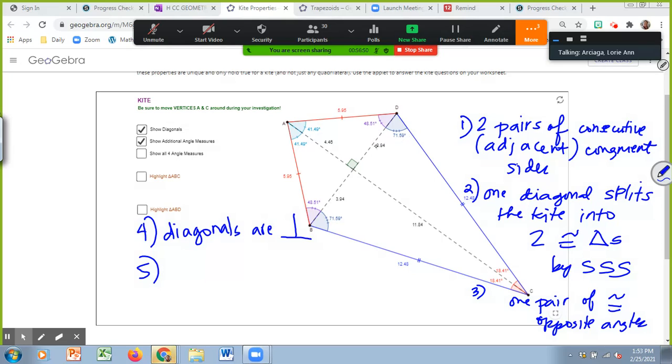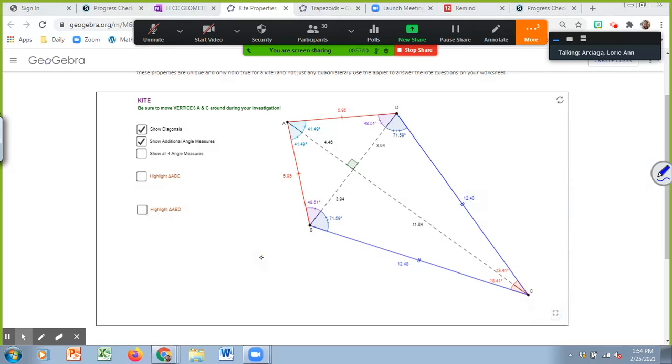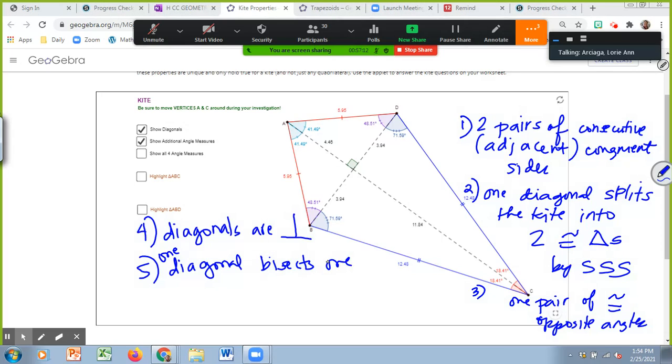But here the angles were not congruent, but they were split evenly. So one diagonal only bisects one pair of congruent angles. There you go.